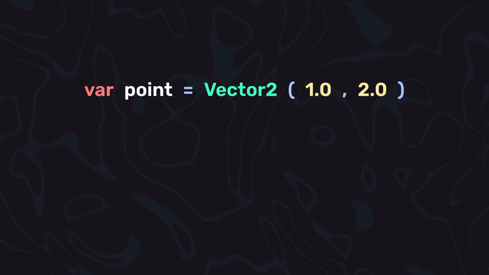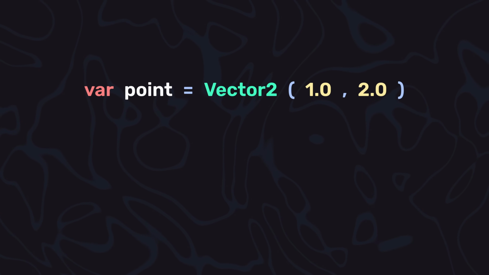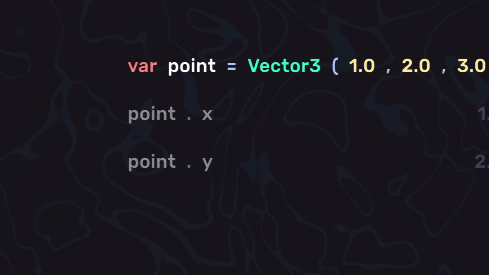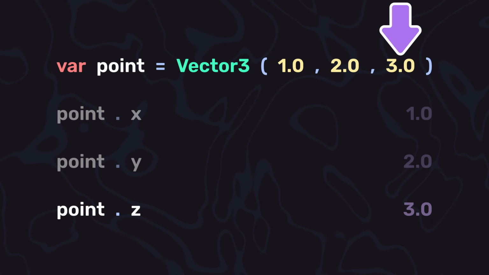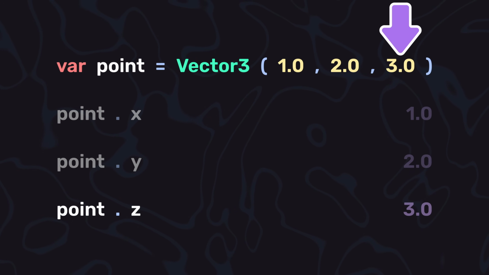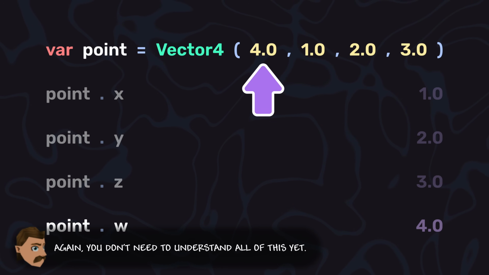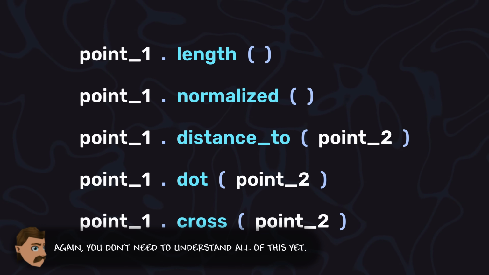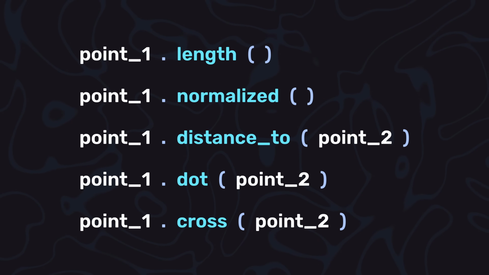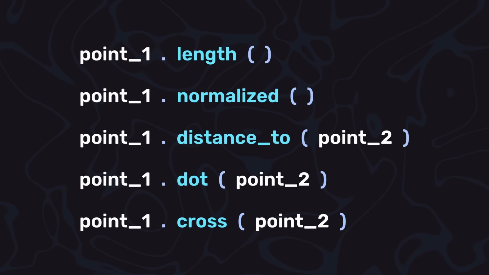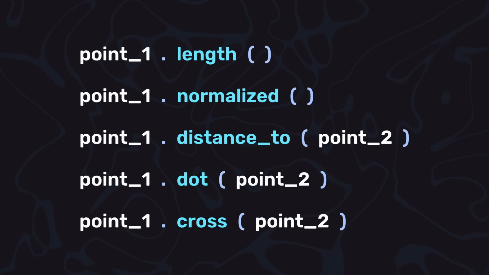To access each part of that vector, you have a property called X, a property called Y, at least for Vector2, and then Vector3 extends that by adding a Z property. In rare cases, you might see Vector4, in which case you'll add a W property. That's the general gist of vectors. There are a bunch of math functions on them, and they're used pretty heavily in programming. We'll be talking about them a lot more as the series goes on, but that's all you really need to know for right now.